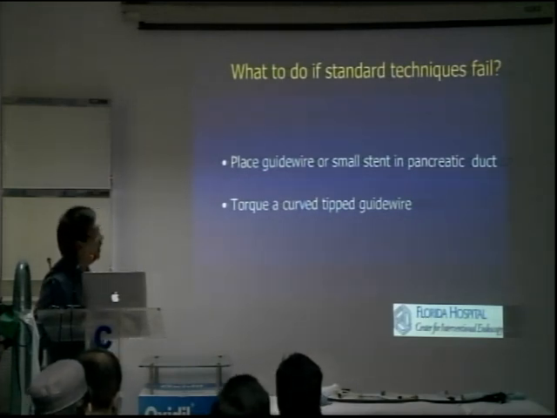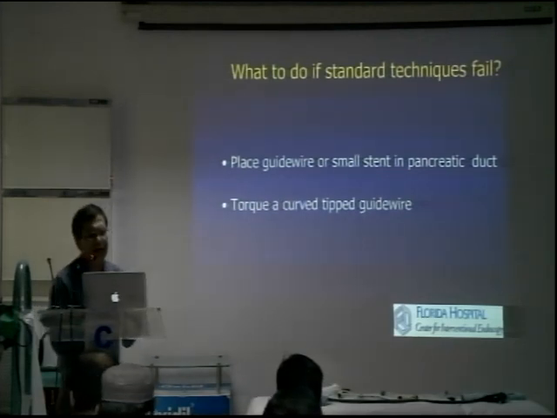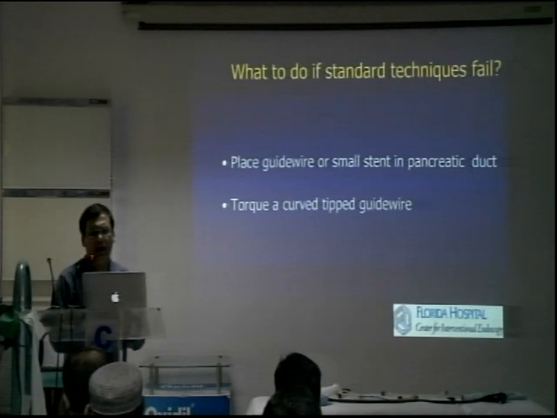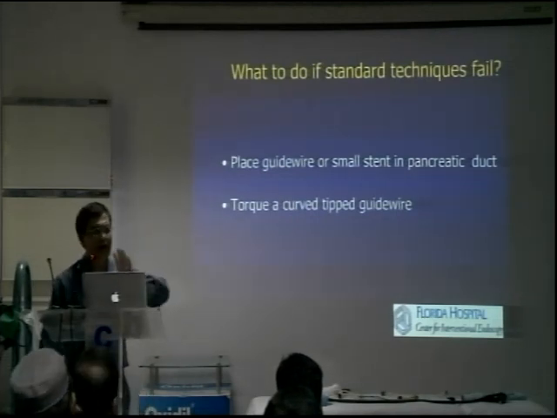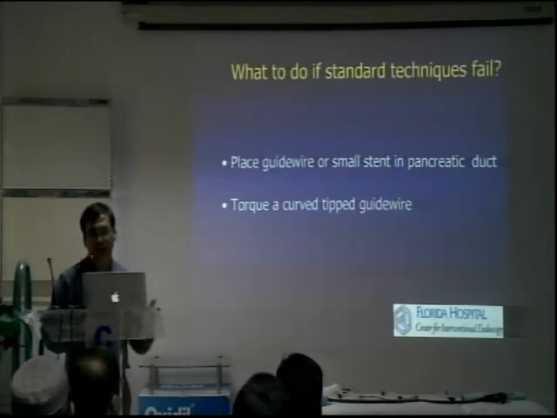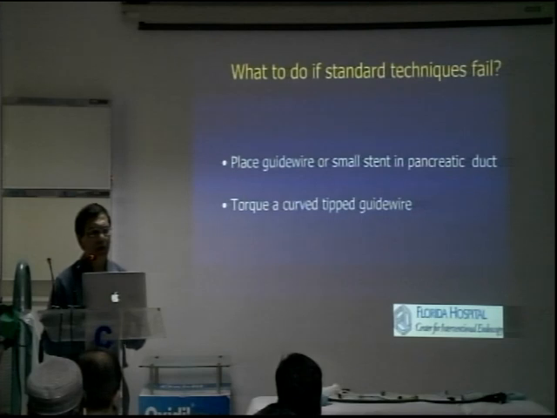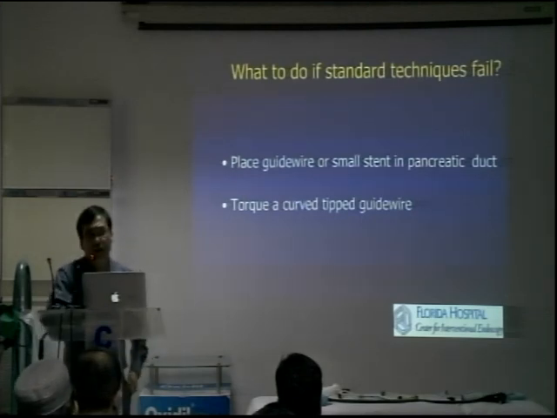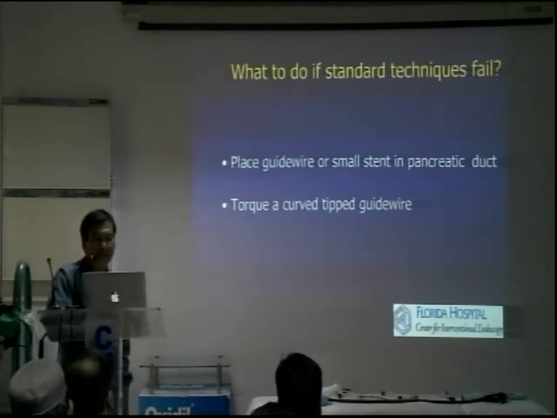So now we have tried every standard technique. If the standard technique fails, then what to do? You have to do something else. If one thing is not working, you have to change it. Doing the same thing over and over is not going to help. So if you keep going into the PD, you can place a wire there and do a double wire technique.